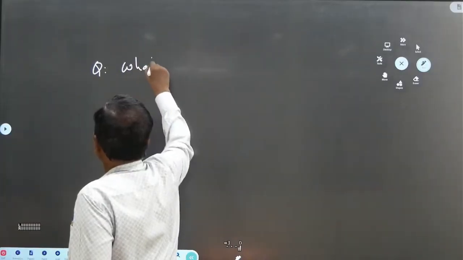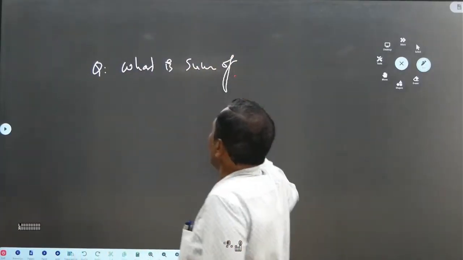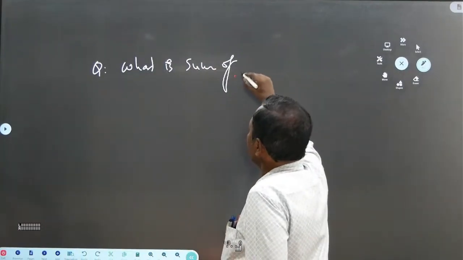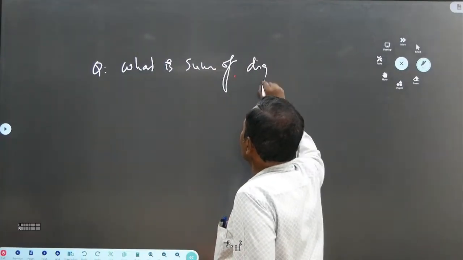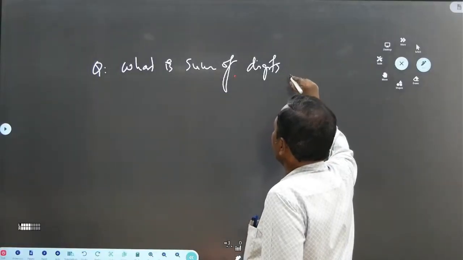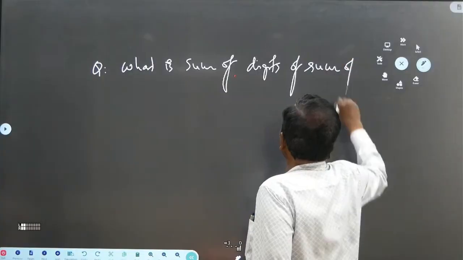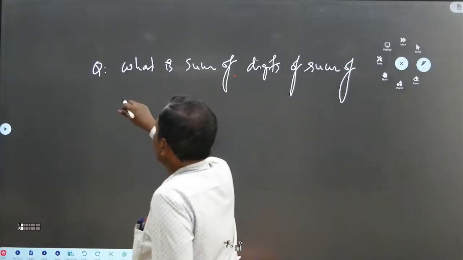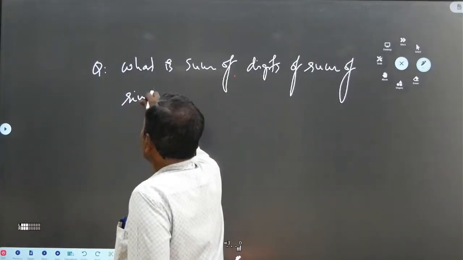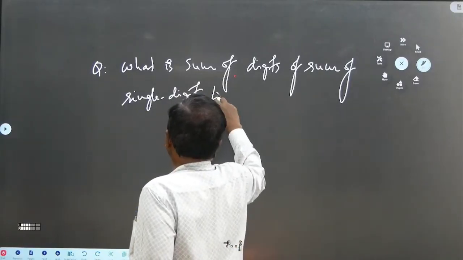Now the next question: what is the sum of the digits of the sum of single-digit prime numbers?